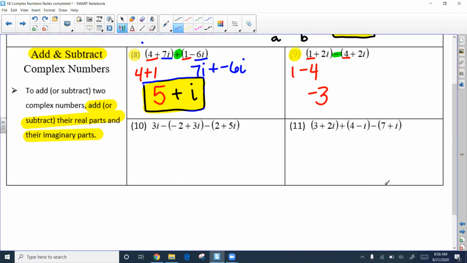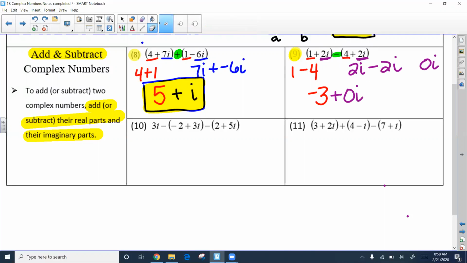Then for the imaginary parts, the two imaginary parts are 2i and 2i, but we're subtracting those. So I have 2i − 2i. That just gives us 0i. You could write 0i if you wanted, but 0 times i, or 0 times anything, is just 0, so we wouldn't normally write that.